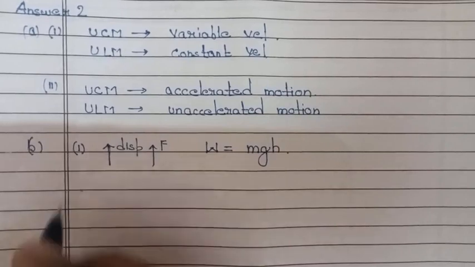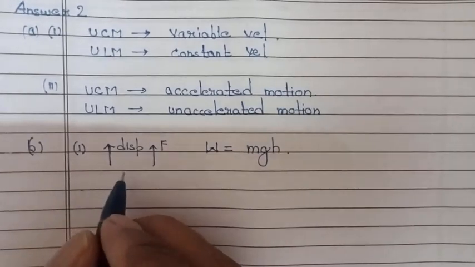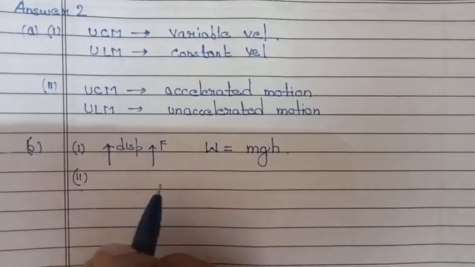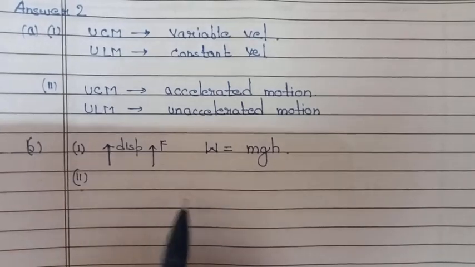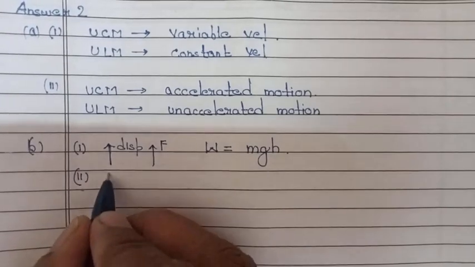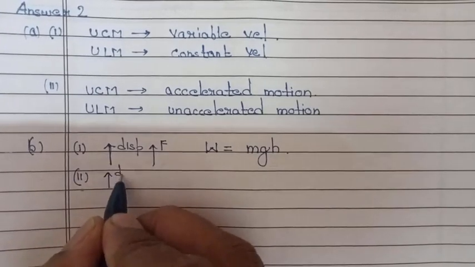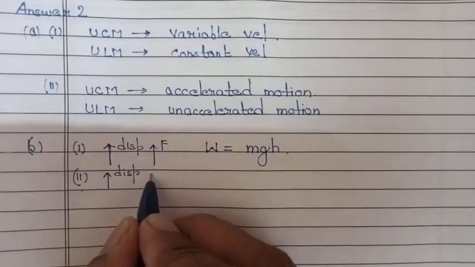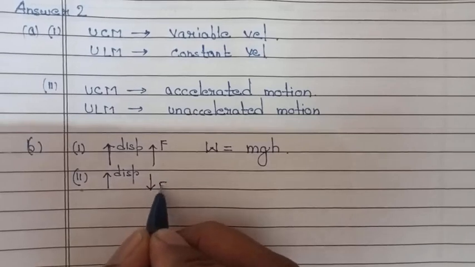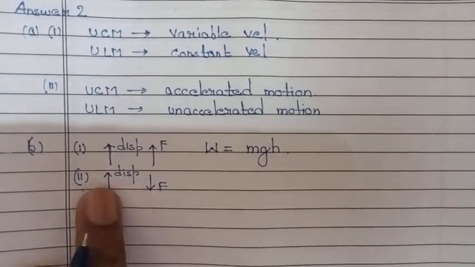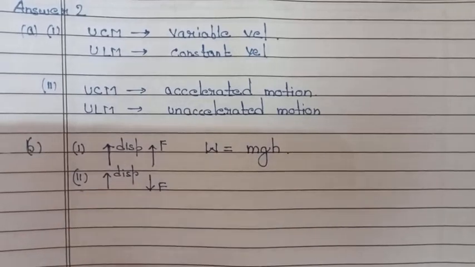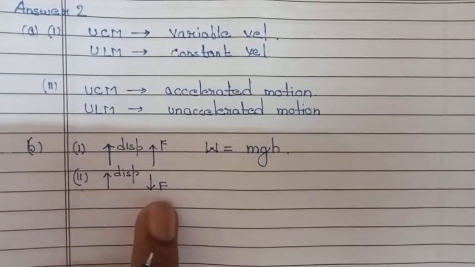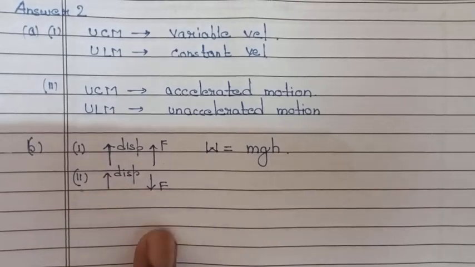Now see the second part. They say you have to calculate work done by the force of gravity. Displacement of the boy is in the upward direction, but the force of gravity acting on the boy is in the downward direction.